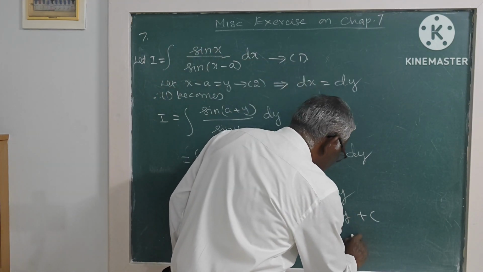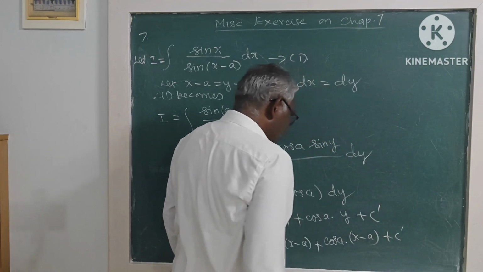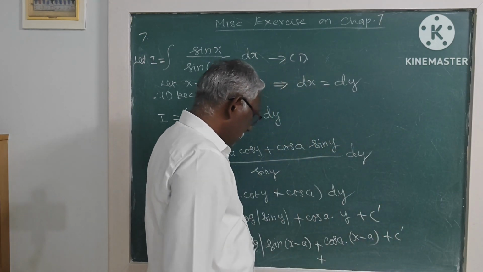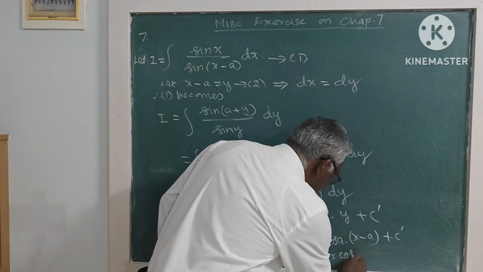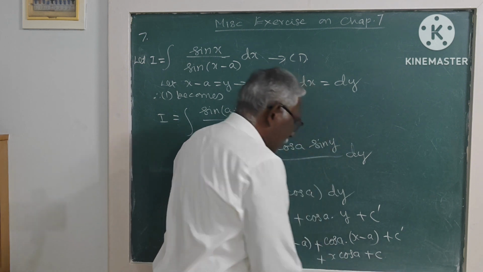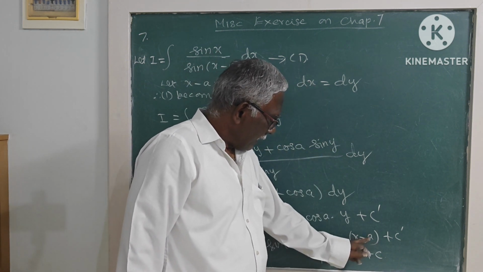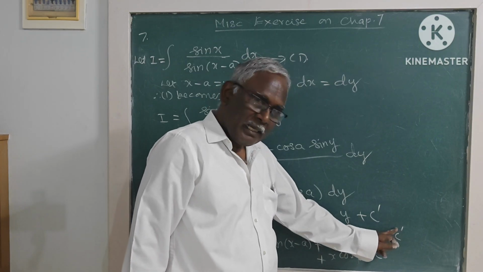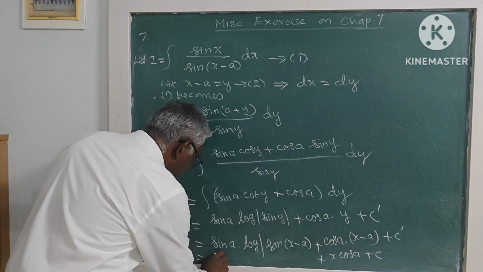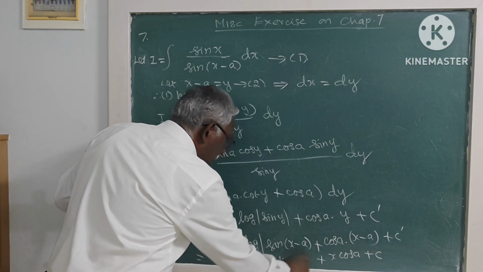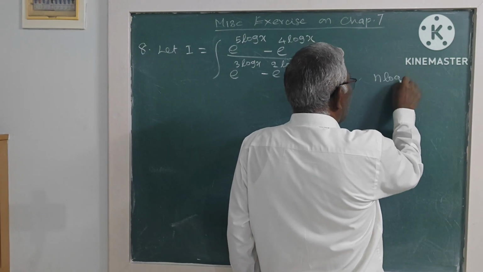I'll write x into x minus a plus c dash, plus x cos a plus c. So x cos a minus a cos a plus c dash, that is nothing but c, some other constant. So this is the answer.